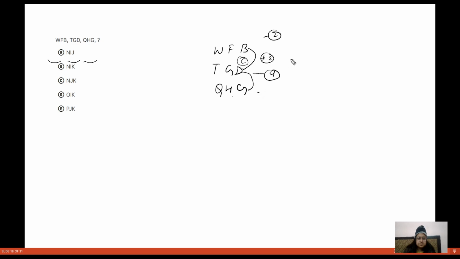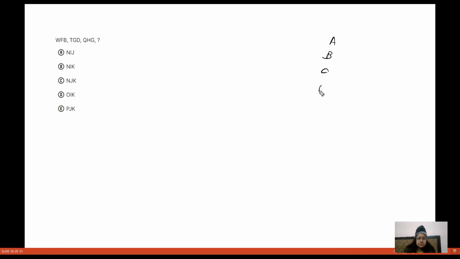So here also, G is I think the seventh number. Let us first write out the alphabet, because once we write it, it becomes very simple.